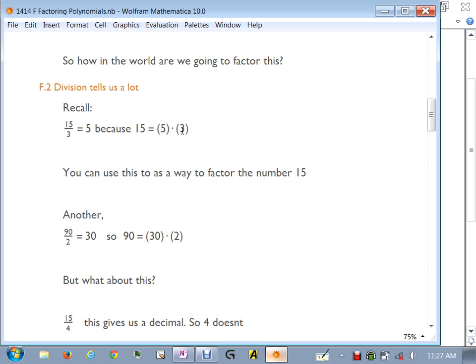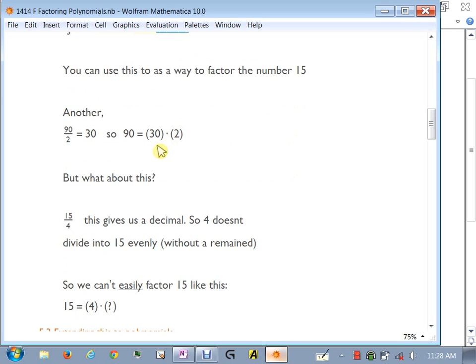If I multiply this 3 times this 5, I should get back 15. In other words, I've in some way factored the number 15. I've broken it down as 2 things being multiplied.